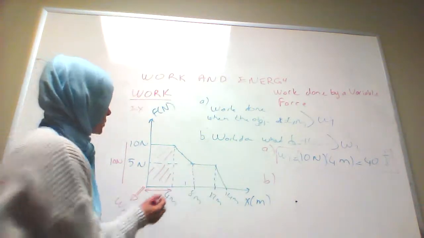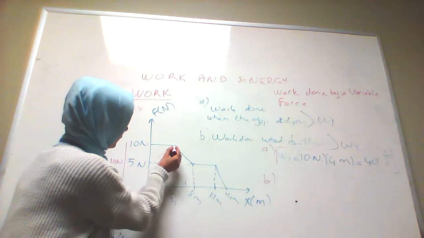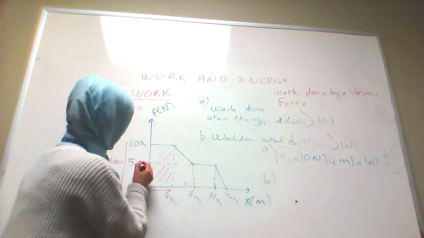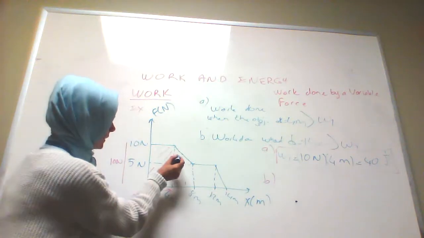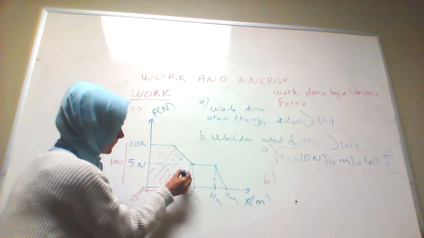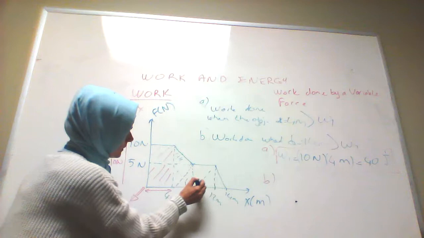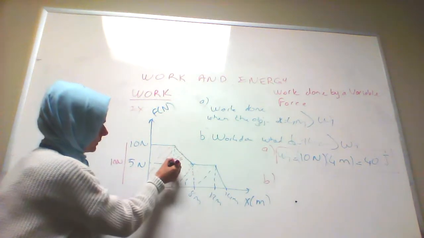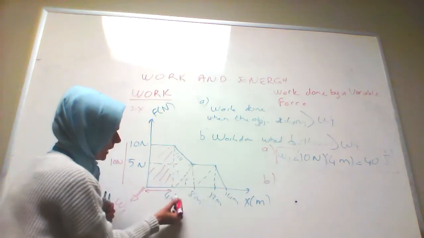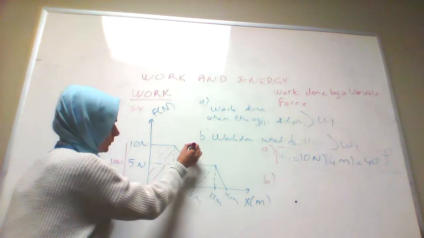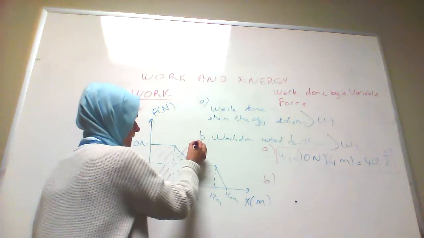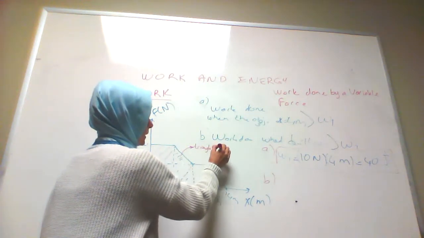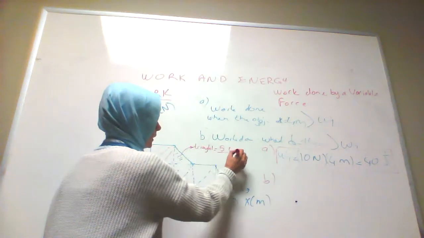So this is a triangle, half of that actually, because this is 4, this is also 4, this is also 4, and this is 5. So if I calculate the area of this little triangle, these two will be the same. The area of this little triangle, triangle 1, is equal to 5 times 4 divided by 2.